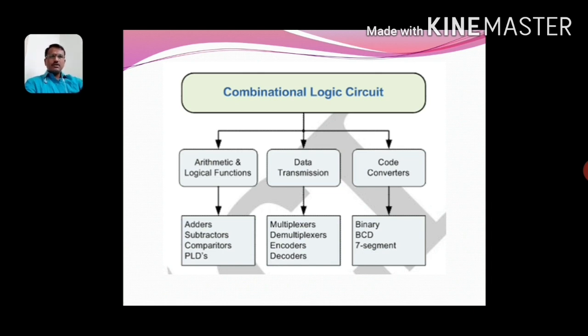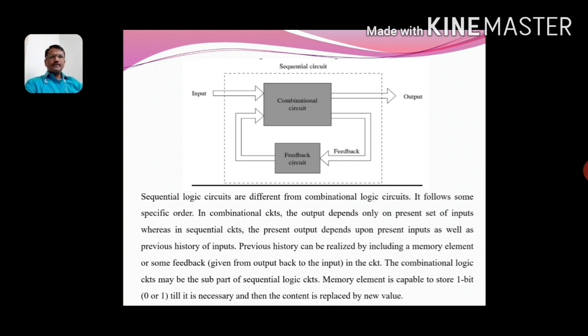And the last part of this is sequential logic circuits. Sequential logic circuits are different from combinational logic circuits. They follow some specific order. In combinational circuits, the output depends only on present set of inputs, whereas in sequential circuits, the present output depends upon present inputs as well as previous history of inputs.